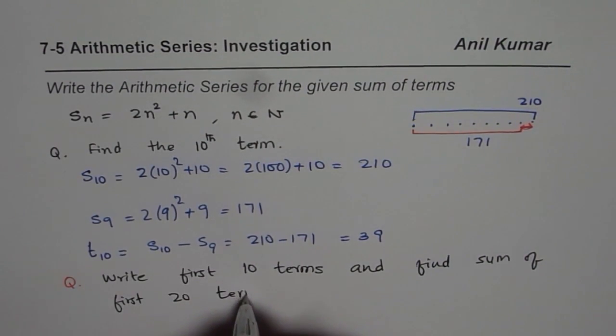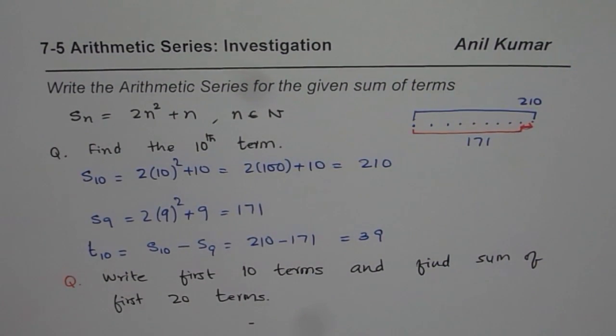Be careful, I changed my numbers as I normally do. Only find the first 10 terms, apply your knowledge which you've learned here, and then find the sum of the first 20 terms. Well, that's tricky.